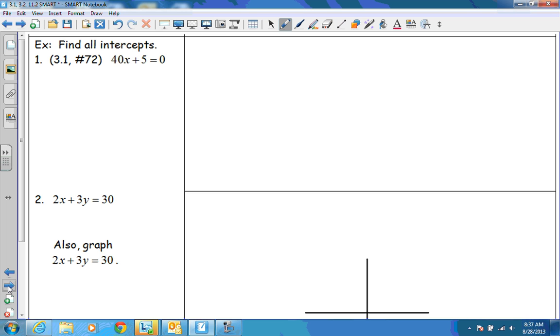So think about the cover-up, right? For your x-intercept, what are you going to cover up? Nothing. There's no y. So there's nothing to shade out, right? So you can just solve for x. So go ahead and solve for x.